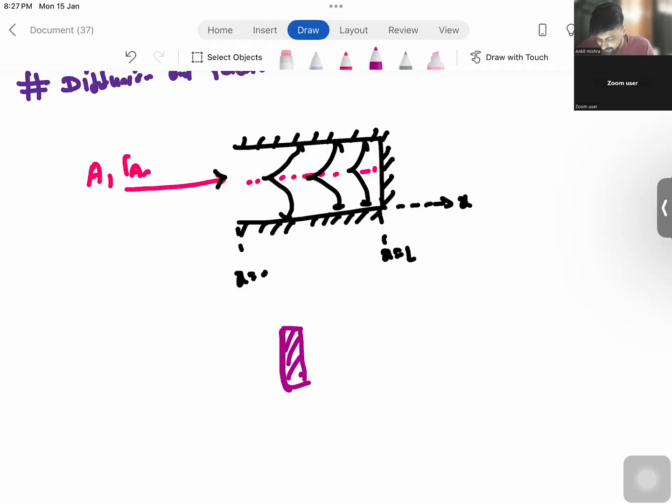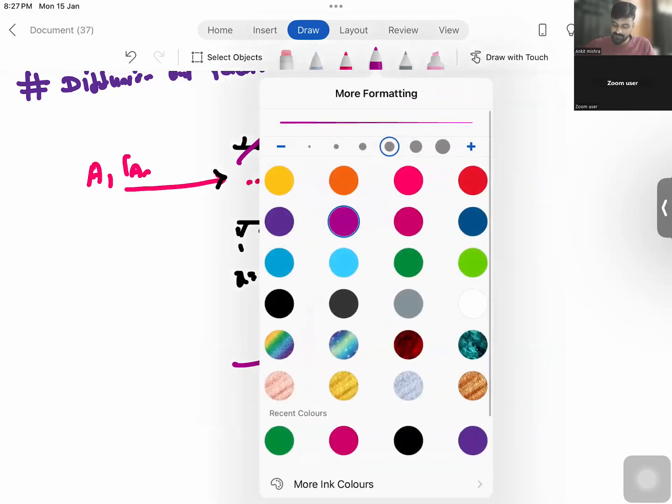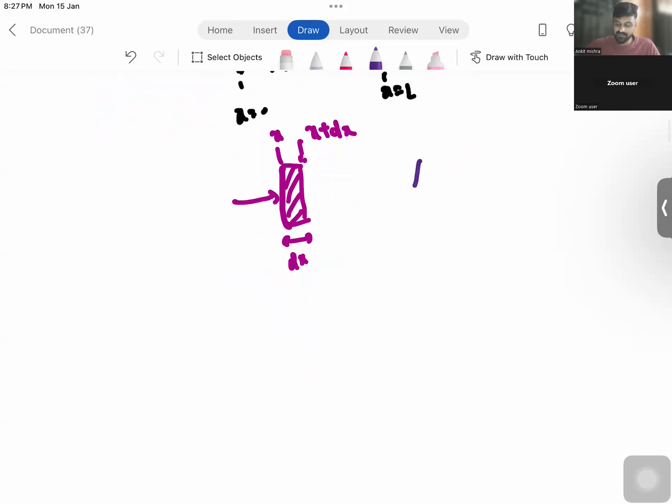So I'll take a small cross-sectional area element having thickness dx. This one is at x, and this point is at x plus dx, right? So what happens here? Diffusion is happening, and as well as reaction is happening. So I'll apply the component balance, since A is diffusing inside the pores of the catalyst. Let's say A is getting converted to R, the order of the reaction is 1 and the rate constant is k, right?